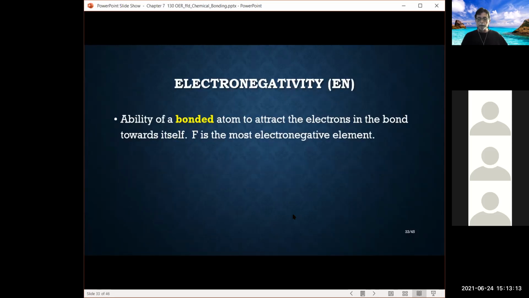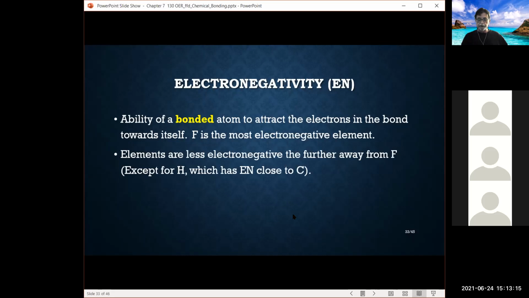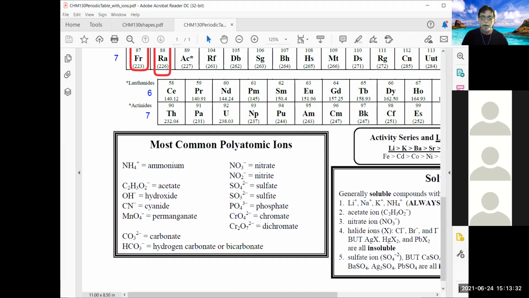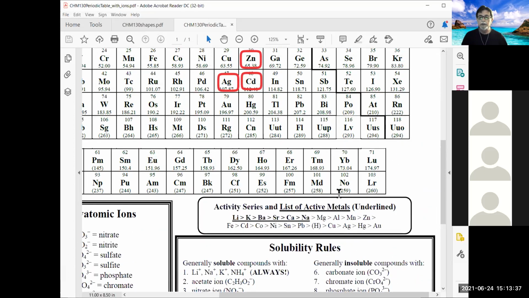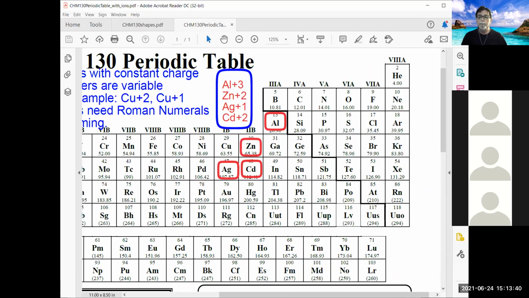All right, so refresh your memory on electronegativity if you need to. It's just the affinity for an atom to pull electrons onto itself. So let me pull this up. Okay, so as I stated earlier, fluorine is the most electronegative.